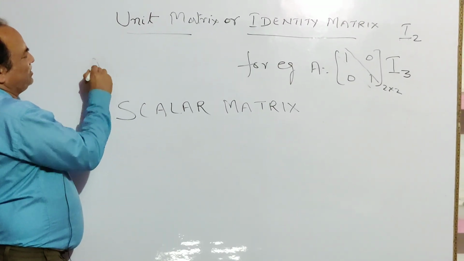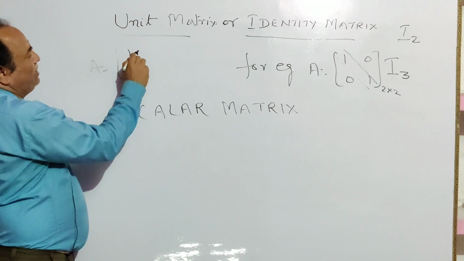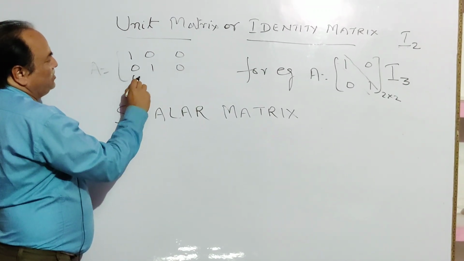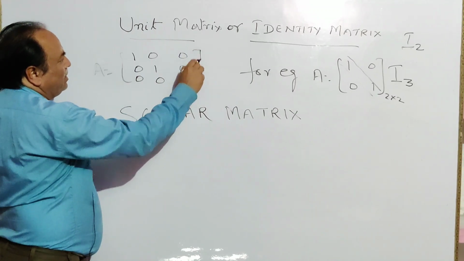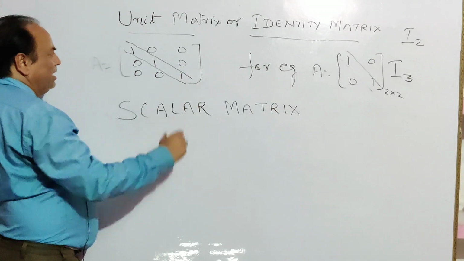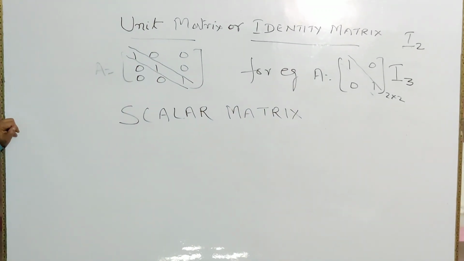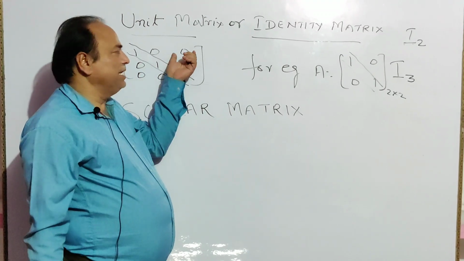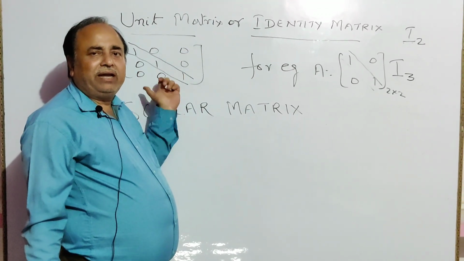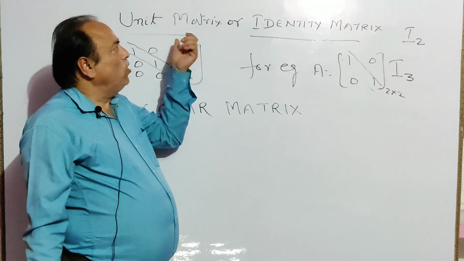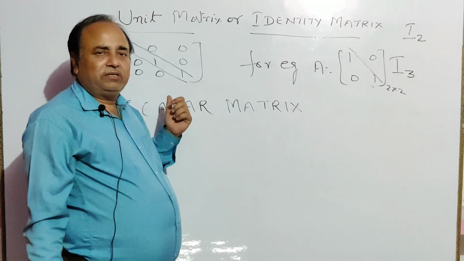Again, A matrix is equal to 1, 0, 0, 0, 1, 0, 0, 0, 1. Just see, these diagonal elements are unity, 1, 1, 1 is there, and non-diagonal elements are equal to 0. Such a matrix is known as a unit matrix or identity matrix.